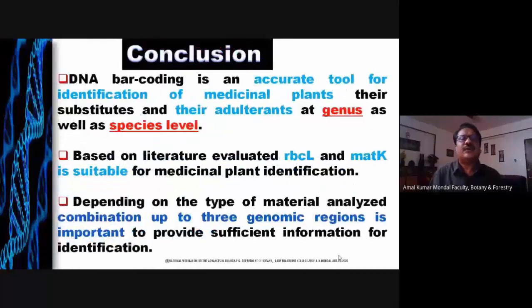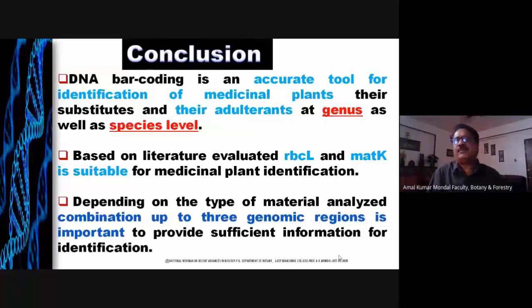Now, finally, I'll conclude that DNA barcoding is an accurate tool for identification of medicinal plants, their substitutes, and their adulterants at genus as well as species level. Based on the literature evaluated, rbcL and matK are suitable for medicinal plant identification.